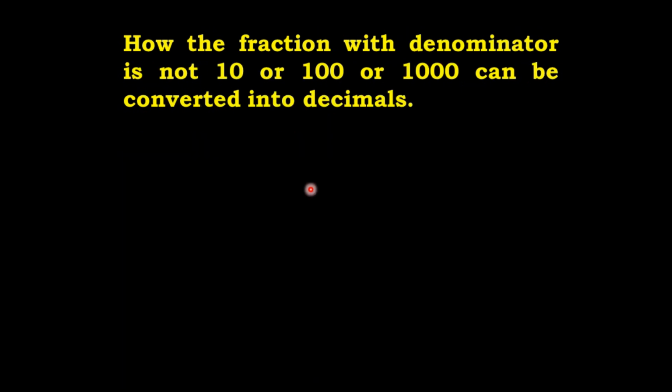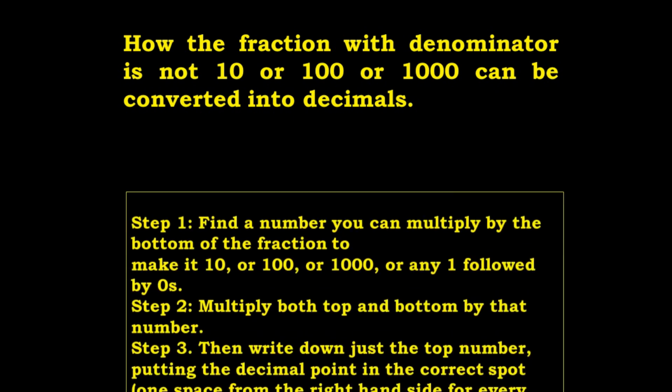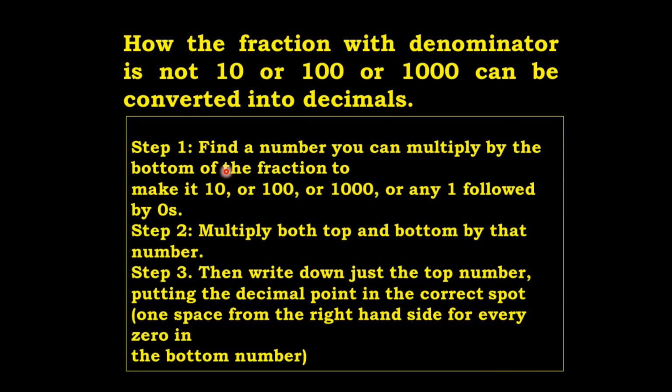Now, how about if the denominator of the fraction is no longer 10 or 100 or 1000? How are we going to convert that into decimal? Of course, there are several steps to follow. Number 1, find a number you can multiply by the bottom of the fraction to make it 10 or 100 or 1000 or any one followed by zeros.